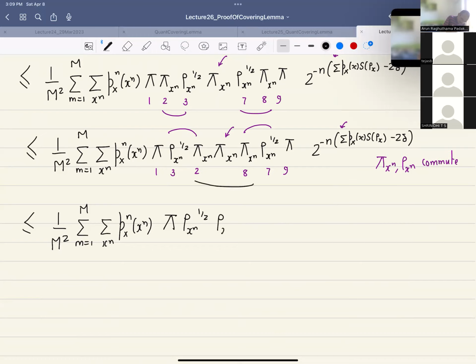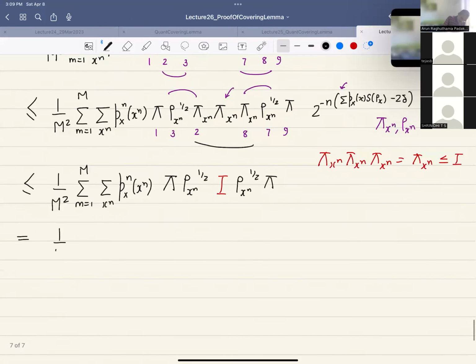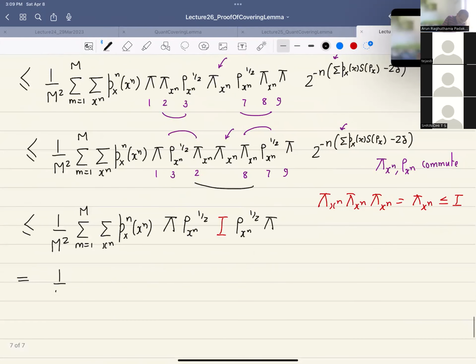And I'm just going to say rho xn power half pi. Essentially, I'm putting a big I here. Pi xn is less than or equal to I. That's all. Their job is done. I have a 2 power minus n sitting. I shouldn't forget that. So I'm going to write that here.